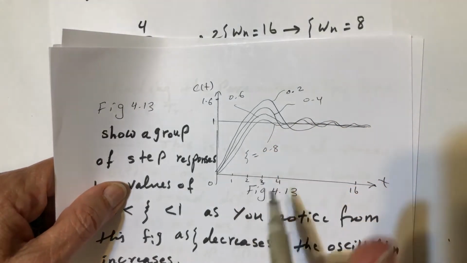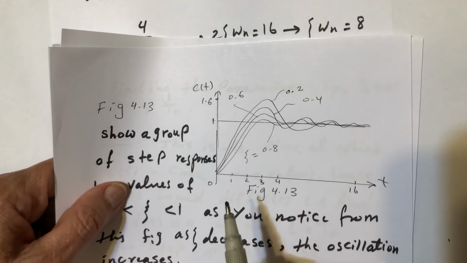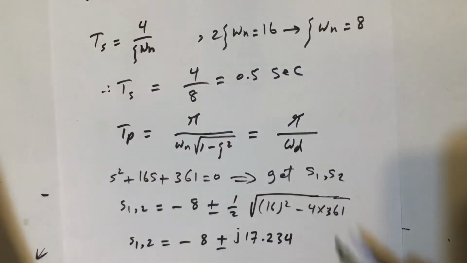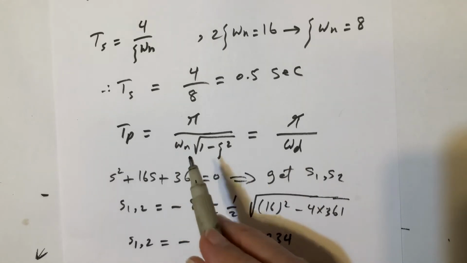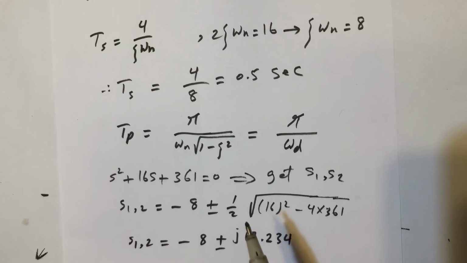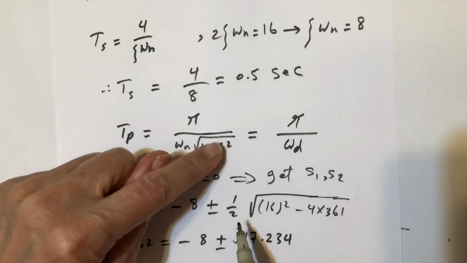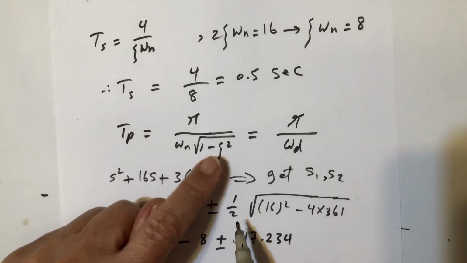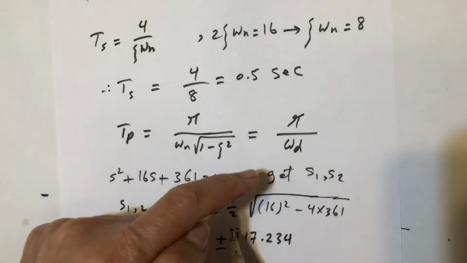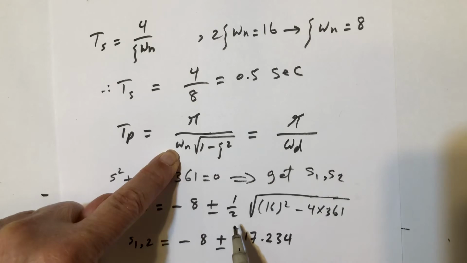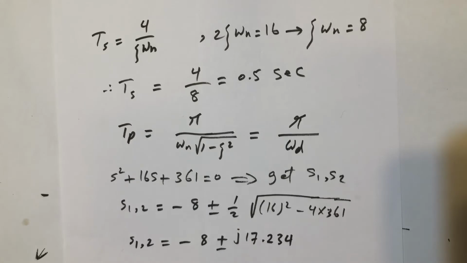It will oscillate with a frequency called omega d. The frequency omega d is related to omega n: omega d equals omega n times the square root of 1 minus zeta square. This will always be less than 1 because it's 1 minus something. So omega d is always smaller than omega n. It's the damped frequency, while this is the natural undamped frequency.